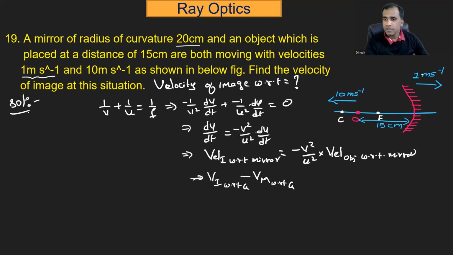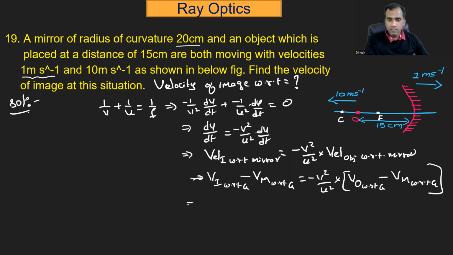Velocity of mirror with respect to ground is given, and it equals minus v square by u square, image distance over object distance, times the velocity of object with respect to mirror. The velocity of object with respect to mirror can be written as velocity of object with respect to ground minus velocity of mirror with respect to ground. Is that okay? Now tell me the substitution.